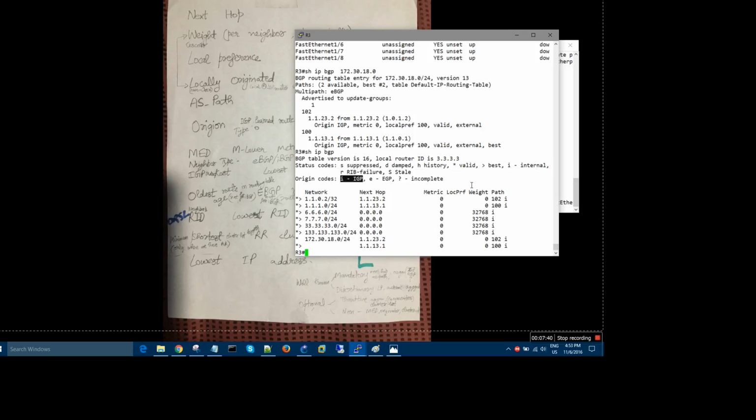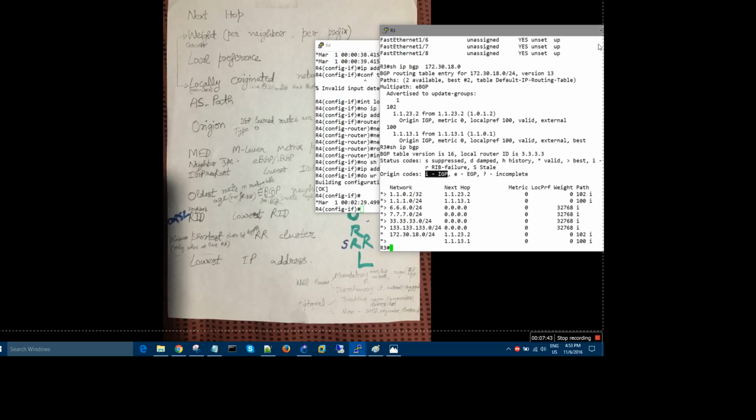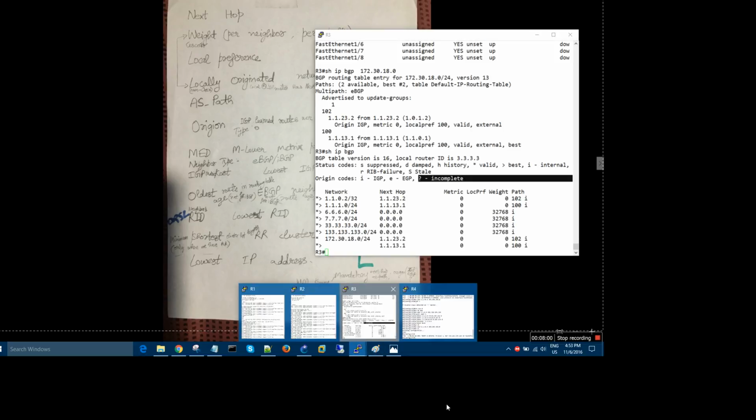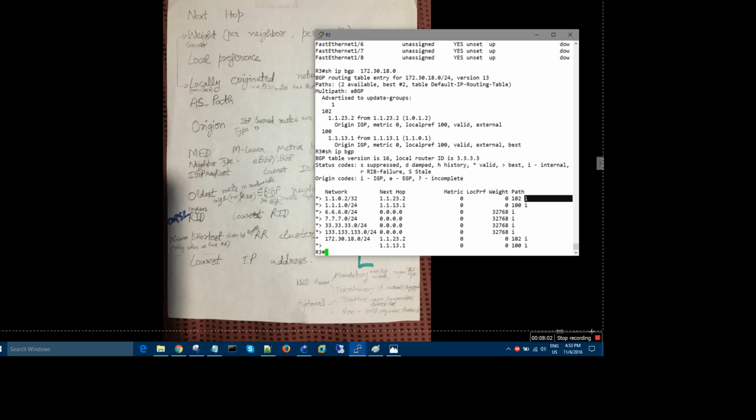We see origin code, it says IGP. Very simple, because it's coming from that router. So the router will believe it if the BGP peer is saying it's my IGP. If eBGP, it will believe less. If it's incomplete, here we are going to see the question mark.